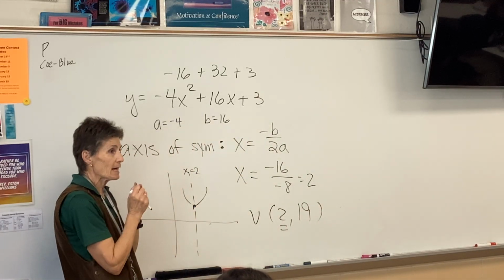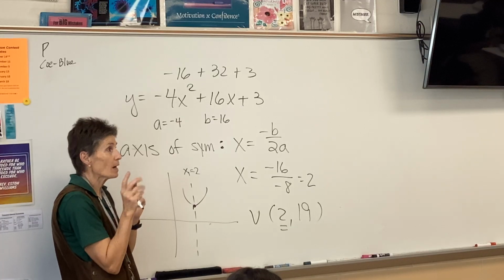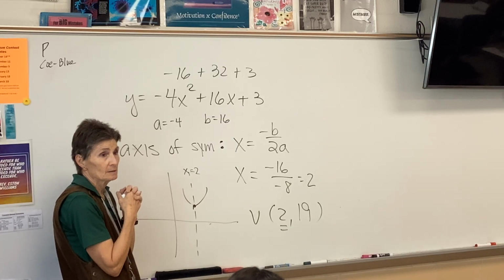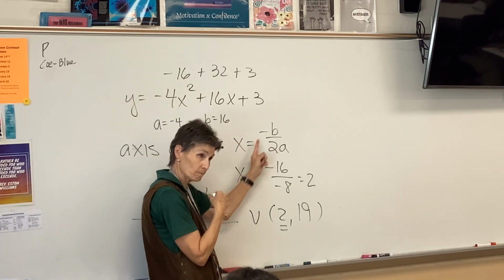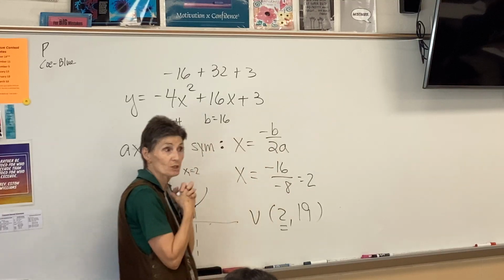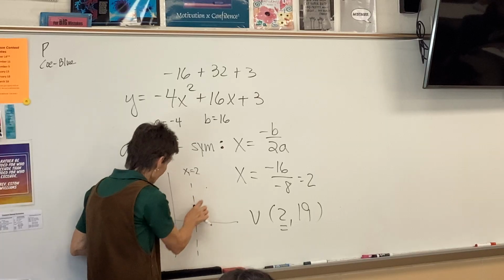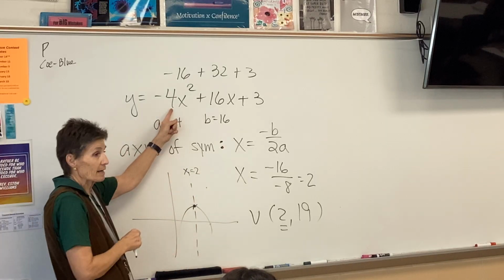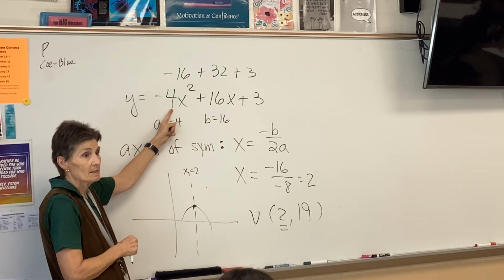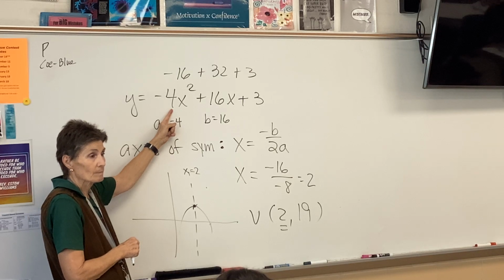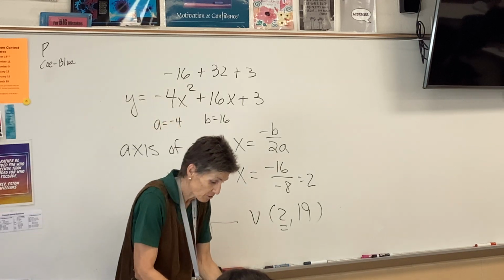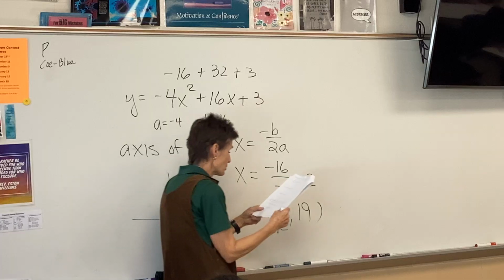So my vertex is 2 comma 19. My axis of symmetry, I used the formula for, and got 2. And this guy obviously opens down, because that coefficient right there is negative. All right, let's try B. Last one.